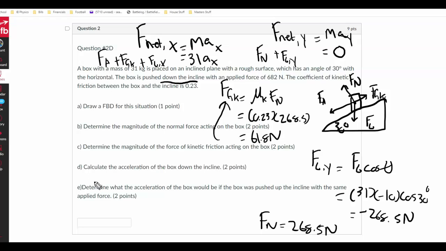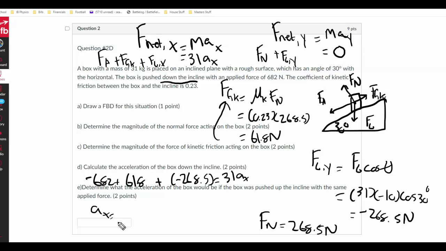So when I go to plug in Fa, I'm going to plug in negative 682 plus Ffk, which is up the incline, a positive 61.8, plus Fgx, which is also down the incline, so that's negative 268.5, and all of that is equal to 31ax.